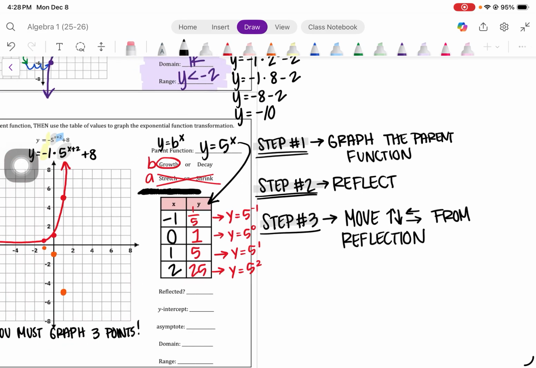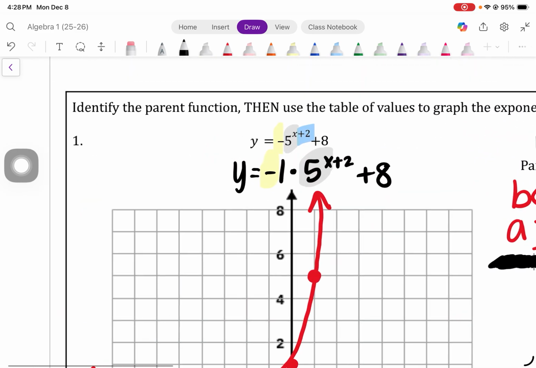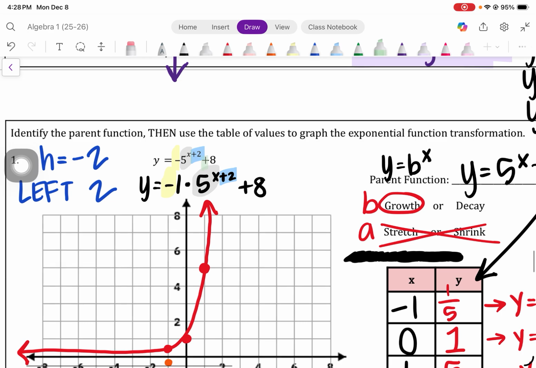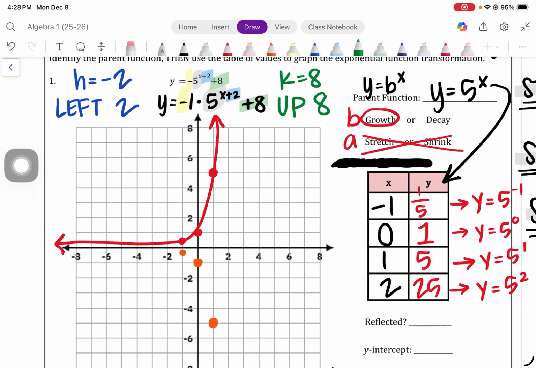You have to move from your reflection. So what we're going to do is identify our h and our k. So our h is +2, which means there's technically a -2 there, which means I'm going to go left 2. I have a positive 8 for my k, which means I'm going to go up 8. So each one of my orange dots are going to go up 8 and to the left 2.